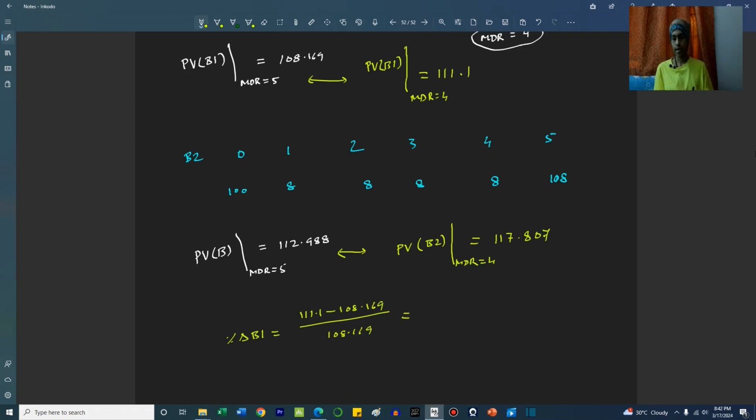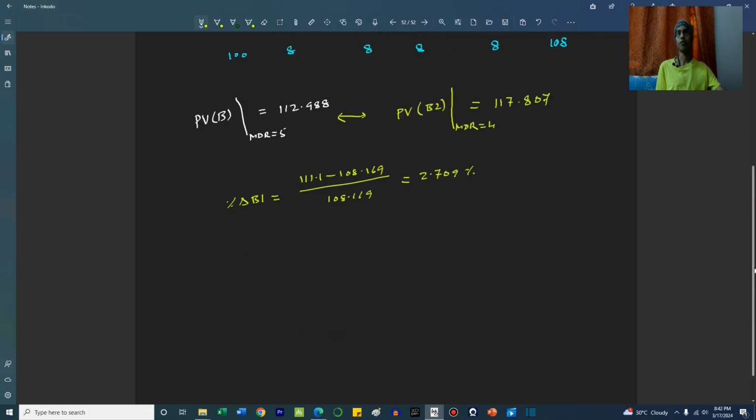This is 2.931 divided by 108.169, which is 2.709%.